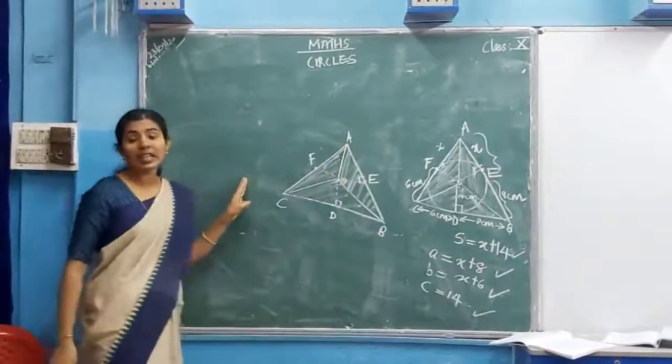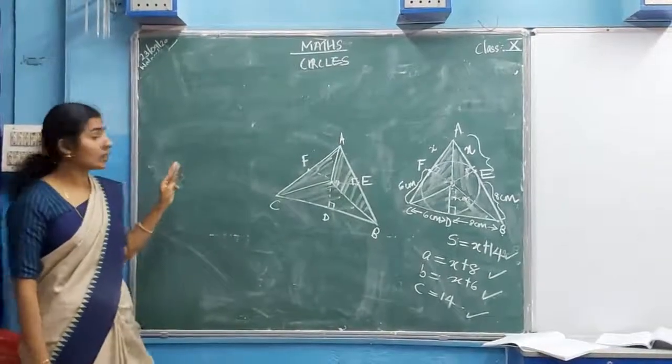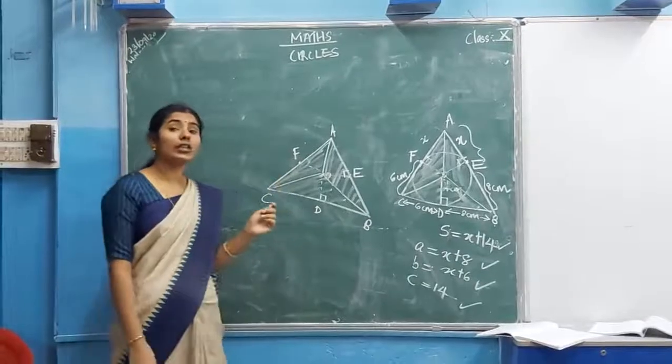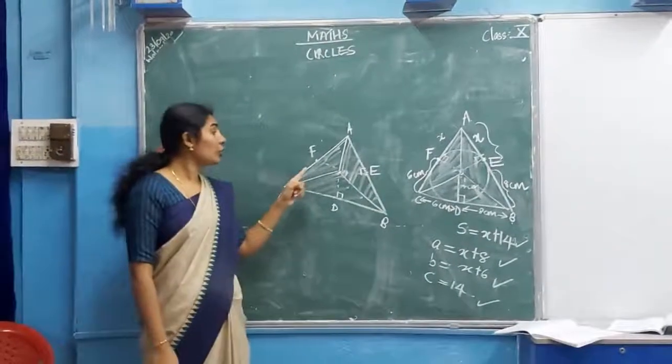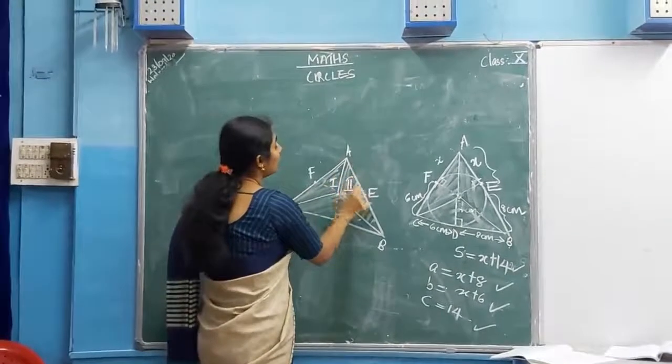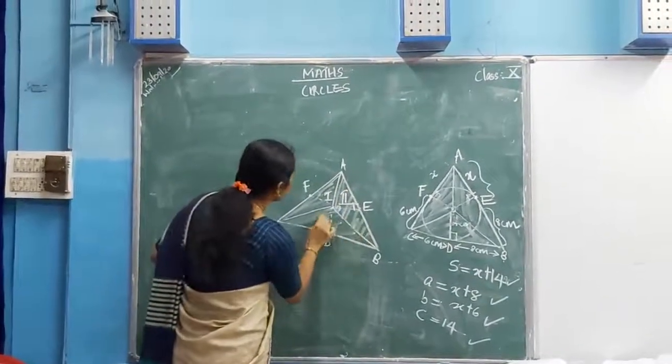So we can say area of triangle ABC is the combination of 3 triangles. So how you can find the area of triangle ABC? First of all, you should find the area of each triangle, then take the sum of that 3 triangles.